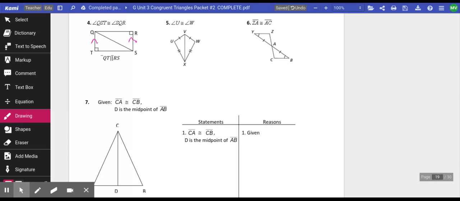So that means that if I do my parallel sides and my transversal, angle TQS is congruent to angle RSQ because alternate interior angles of parallel lines. Parallel implies alternate interior angles congruent. I then know angle T is congruent to angle R because of the right angles, and QS is congruent to QS, reflexive.